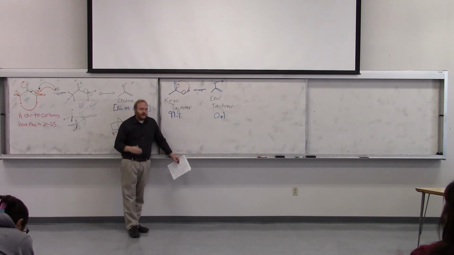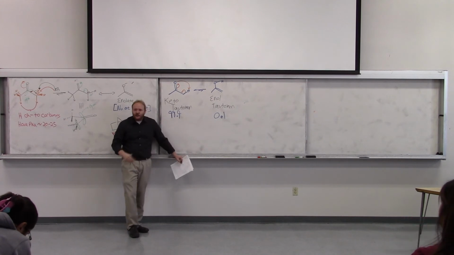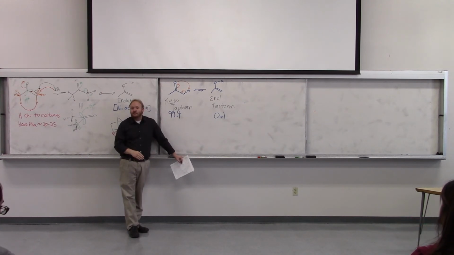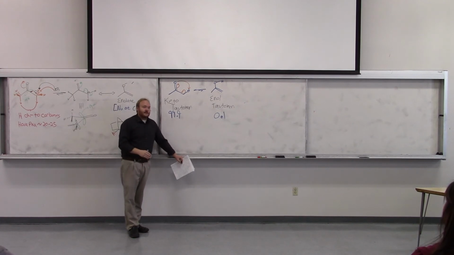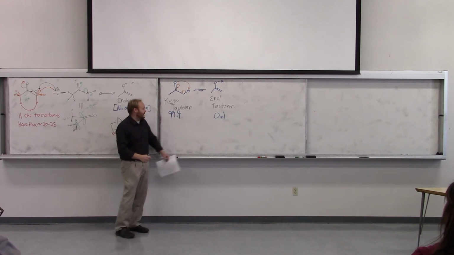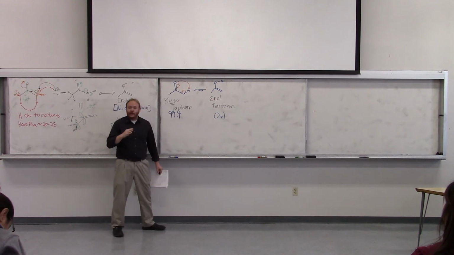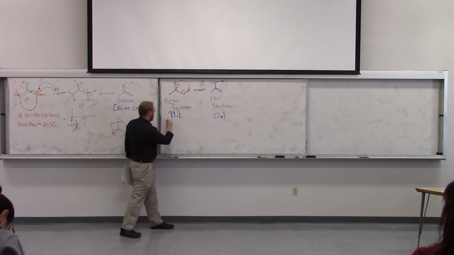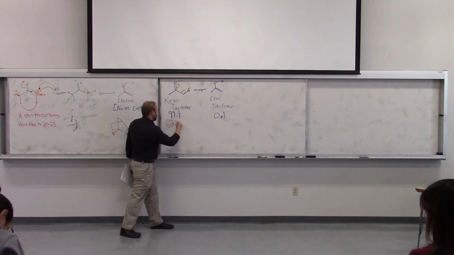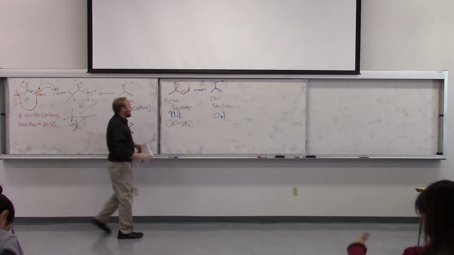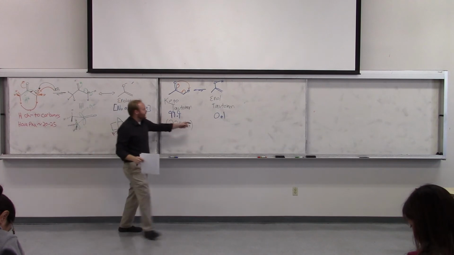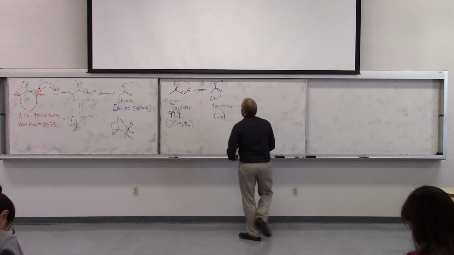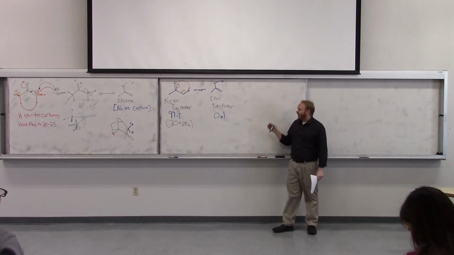A typical alpha hydrogen has a pKa of 20 to 24. That's the magic number for alpha hydrogens adjacent to electron withdrawing groups, 20 to 24, and acetone is 20. So a pKa of 20 gives you 99.9 to 0.1, favoring the keto tautomer.